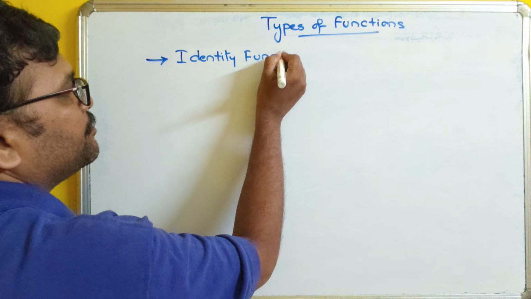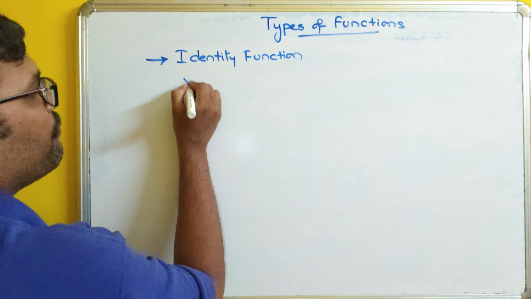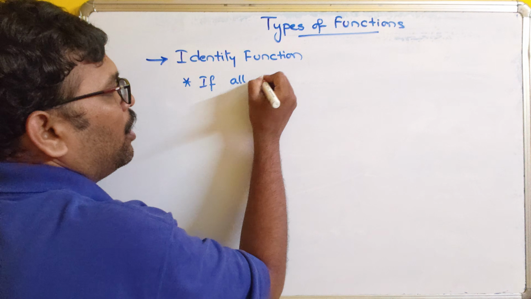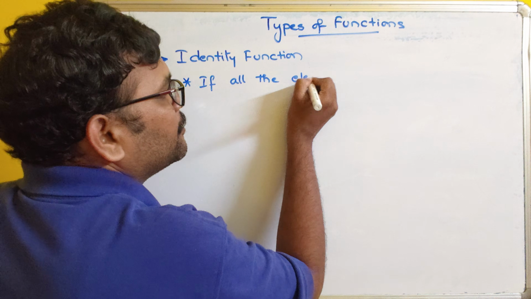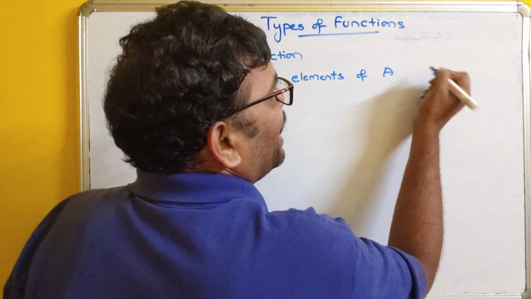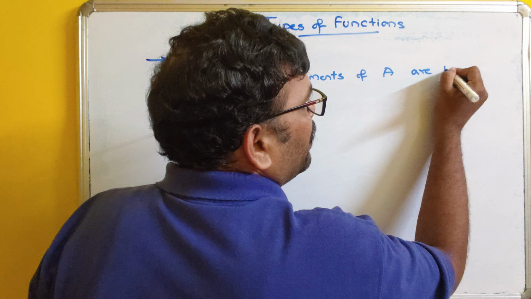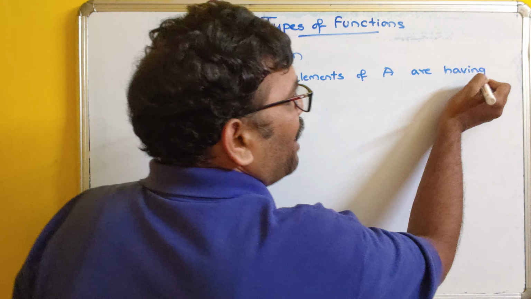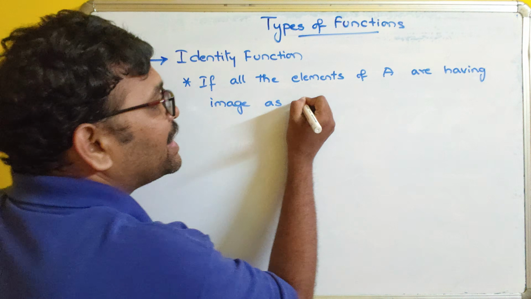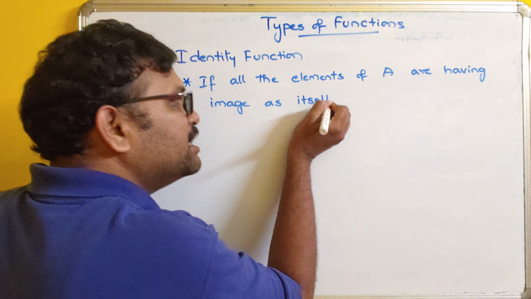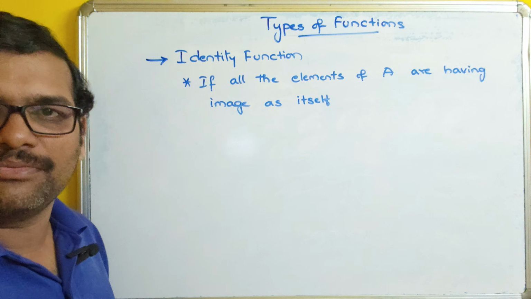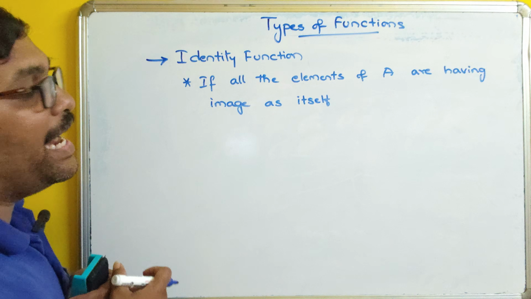If all the elements of A are having an image as itself, that means all the elements are mapped with themselves, it is called an identity function.